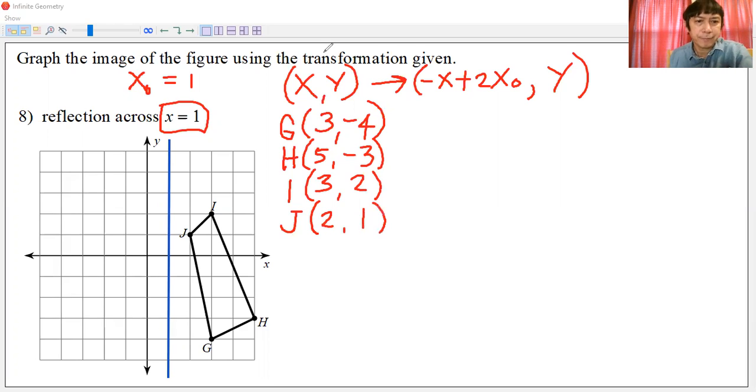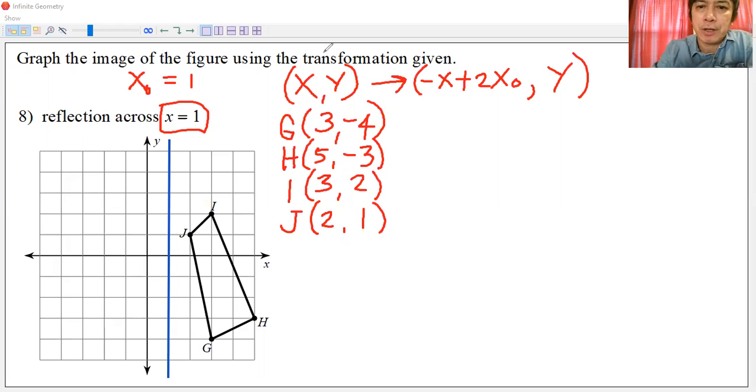So a little review: 3 and negative 4 for G. For H is positive 5 and negative 3. And then J and I are located in the first quadrant. I is 3, 2, J is 2, 1.